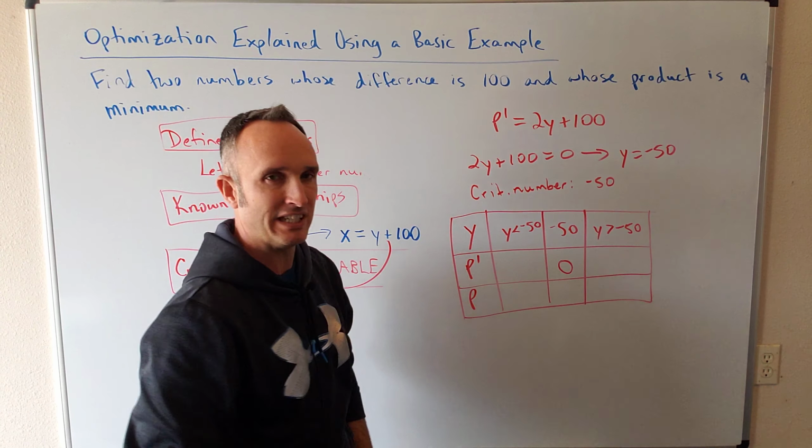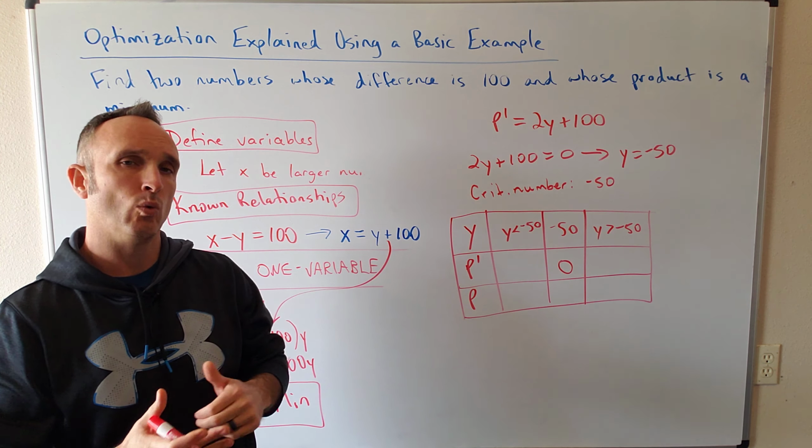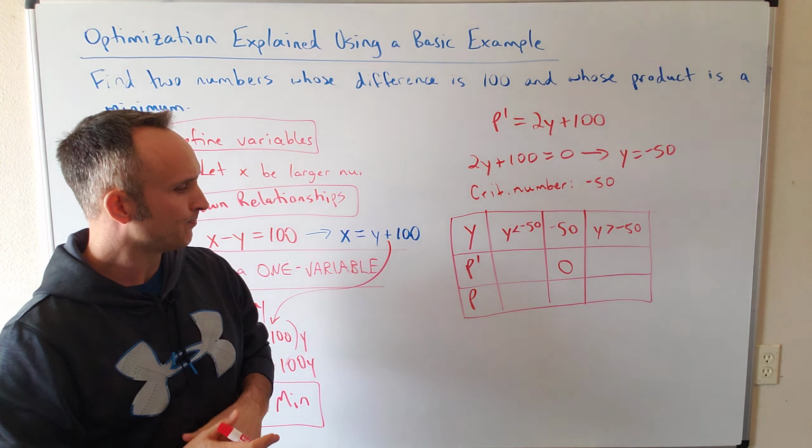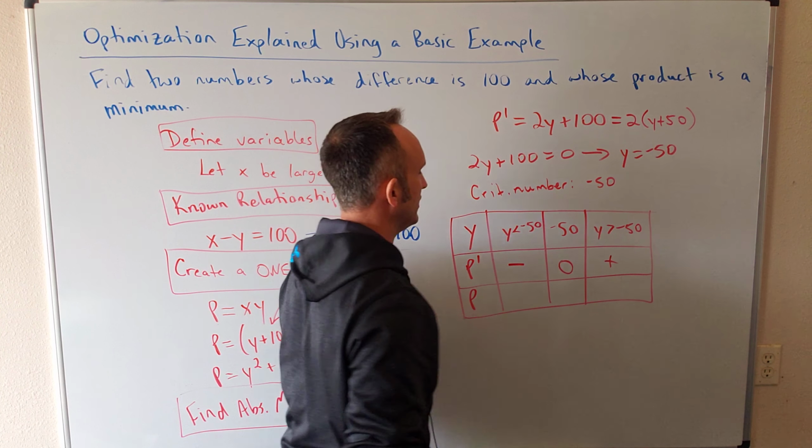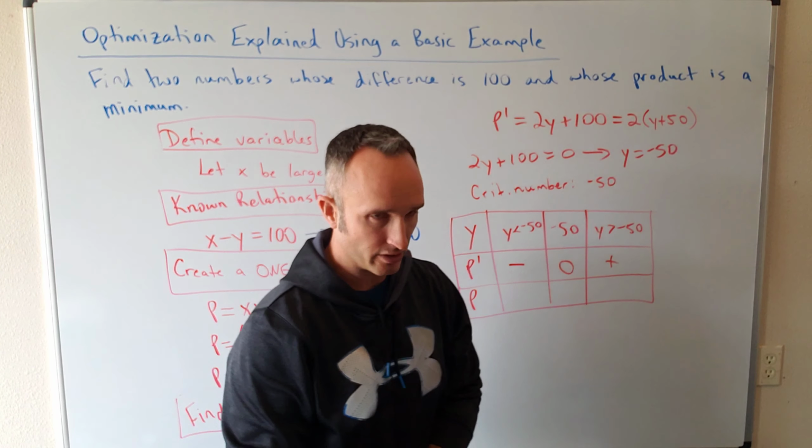So I'm going to list a 0 there on my p prime row when y is negative 50. If y is less than negative 50, p prime, you should be able to see pretty easily, is negative. And if y is bigger than negative 50, p prime is also easy to see is positive. Okay? By the way, it could help if you factor p prime, pull the 2 out.